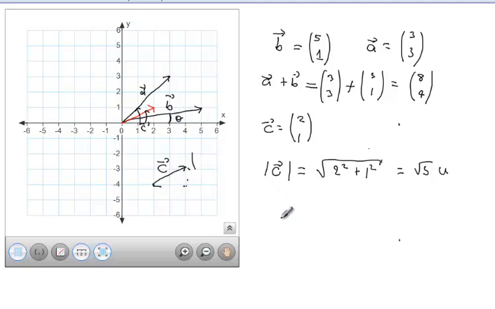So in this case, theta will be the inverse function tan of y over x. Then you get the direction in degrees or radians, whichever units of angles you are using.